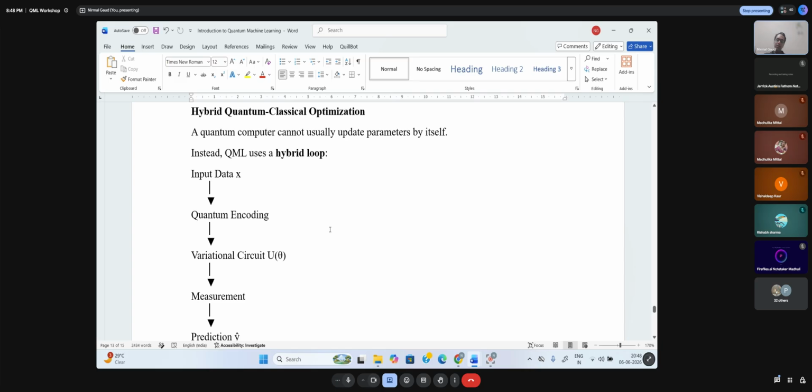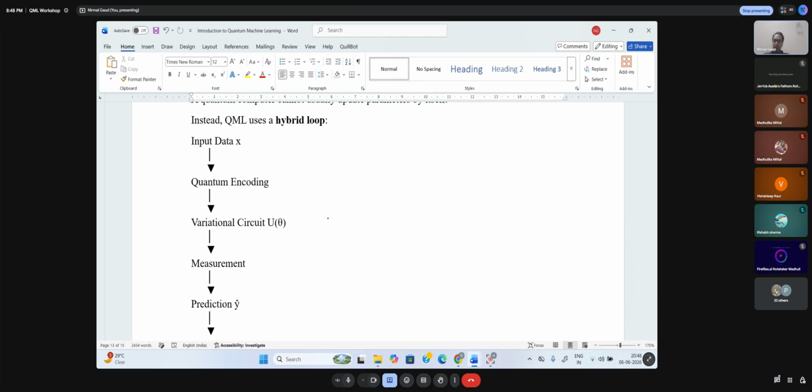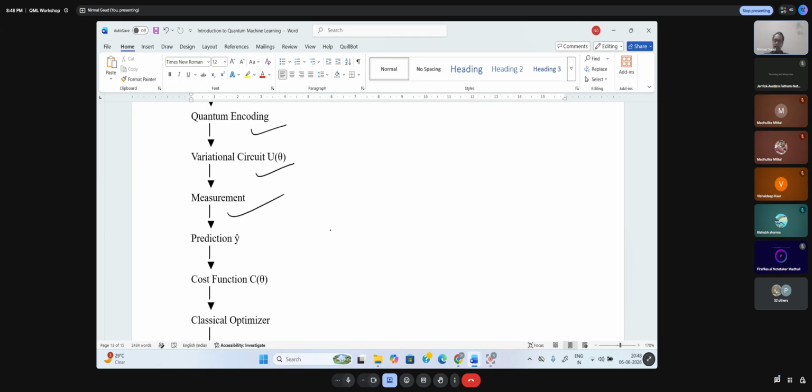So in hybrid quantum classical optimization, what steps are we following? Input data, quantum encoding, variational circuit, measurement, that means the fall from quantum to classical, getting the prediction.